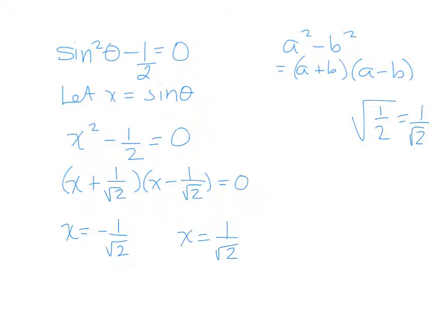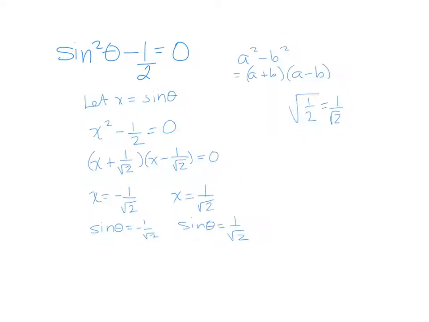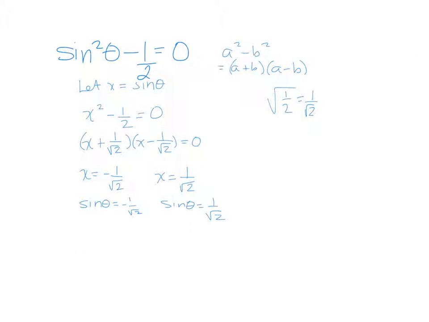Which means sine theta equals -1 over root 2, and sine theta equals 1 over root 2. Make that a little smaller.